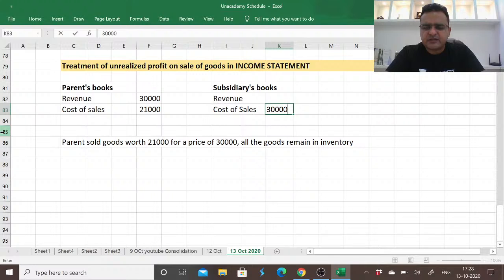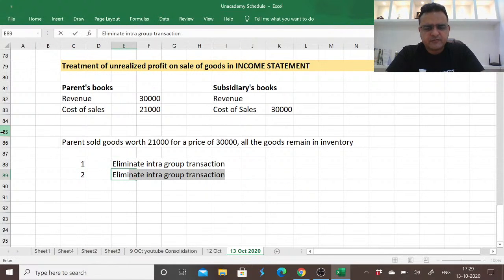Subsidiary purchased it for 30. Now this transaction has two things in it. We have to eliminate intra-group transaction. We also have to eliminate unrealized profit. There are two things in it.